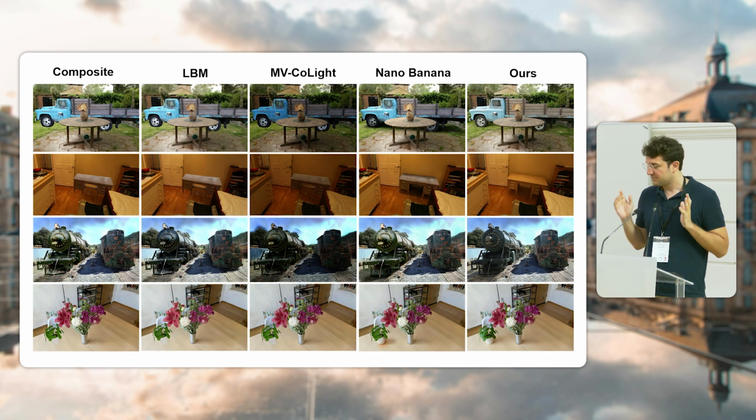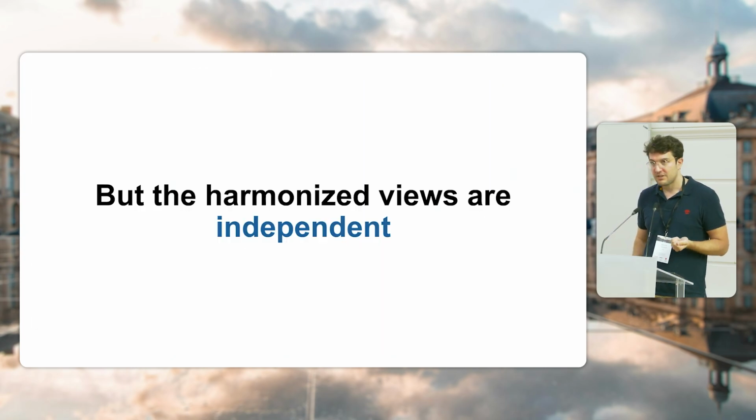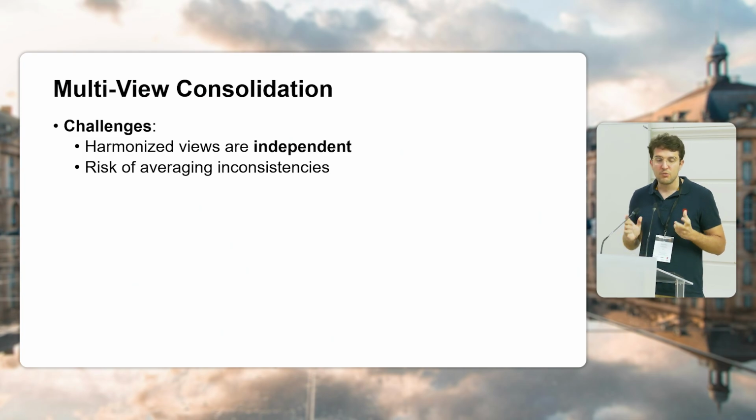Okay, so now if you go to our column, you can see in all the cases the insertions look realistic, but the harmonizations are independent in the case of the 3D scenes because we want to apply this to each frame of the scene. And the problem is that if we just want to train 3DGS on these images, we have the risk of averaging out the inconsistencies and producing blurry results.